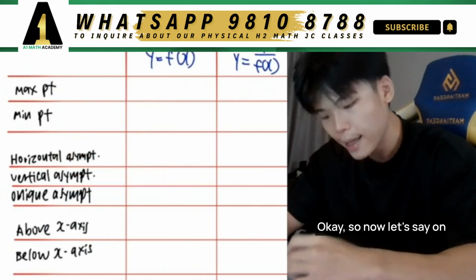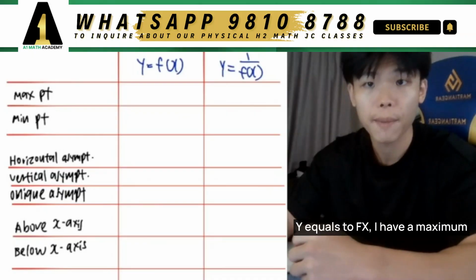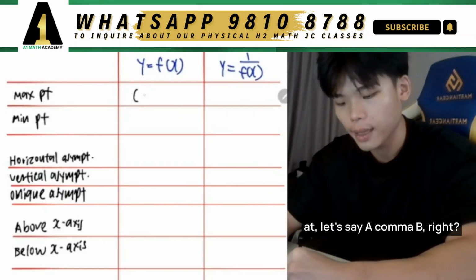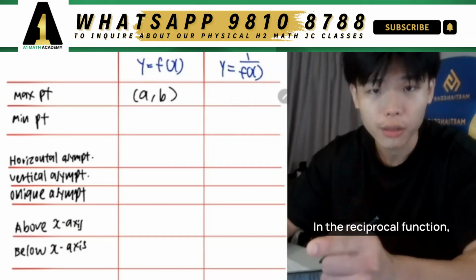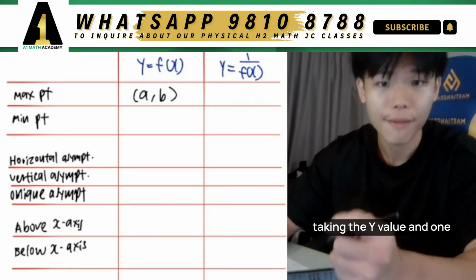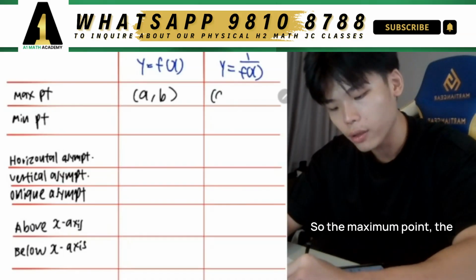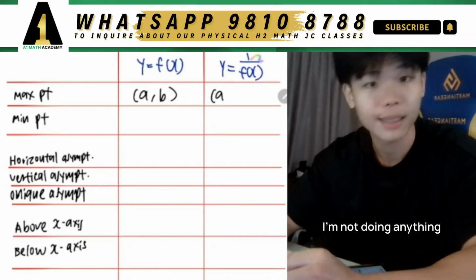Now let's say on my original curve, y equals f(x), I have a maximum point. And let's say this maximum point happens at (a, b). In the reciprocal function, what I'm doing is taking the y value and making it 1 over the y value. So for the maximum point, the x coordinate will not be affected at all because I'm not doing anything to the x value.